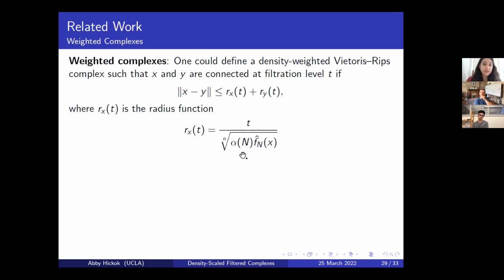Okay, so before I conclude, I also want to talk about something that's related, at least similar in spirit: weighted complexes. Sorry, I have one quick question.